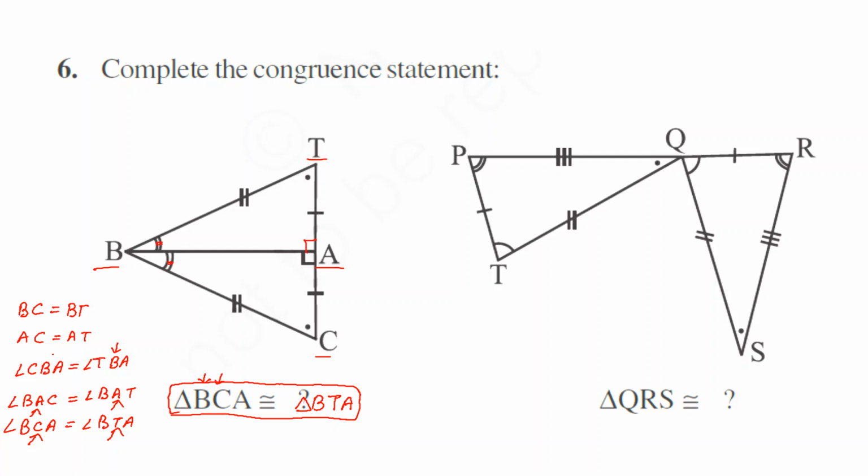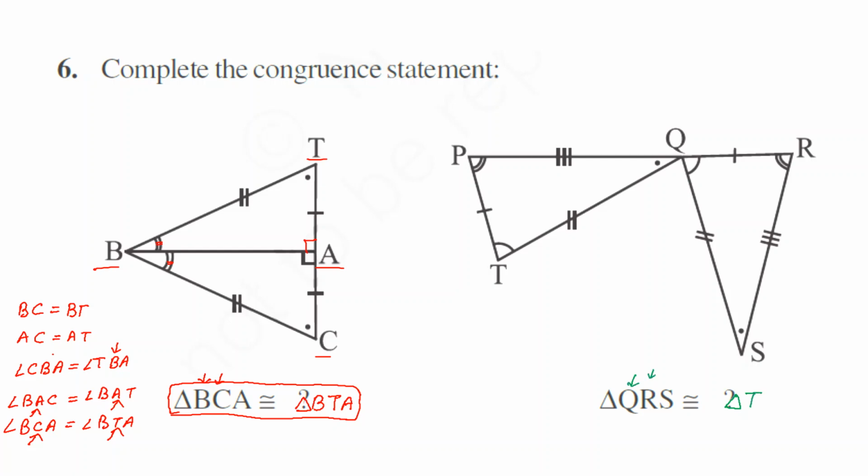Same way for this QRS, you all can see all three sides, and this angle P is equal to R, T is equal to Q, and Q is equal to S. So if I have written QRS for this triangle, again now we have QPT. So Q is equal to T. So wherever Q is written, we write T here.